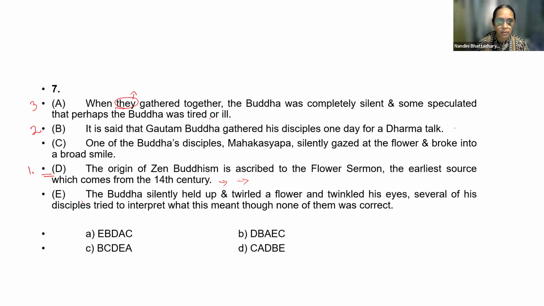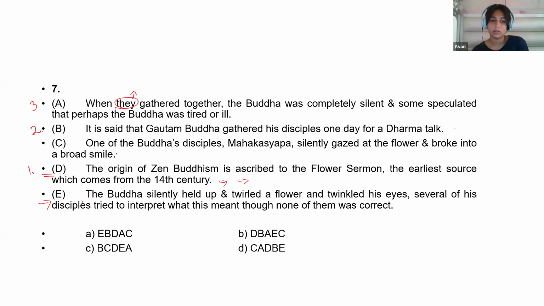So what comes after that? E. Why not C? Because several of his disciples tried to interpret what this meant, the flower.